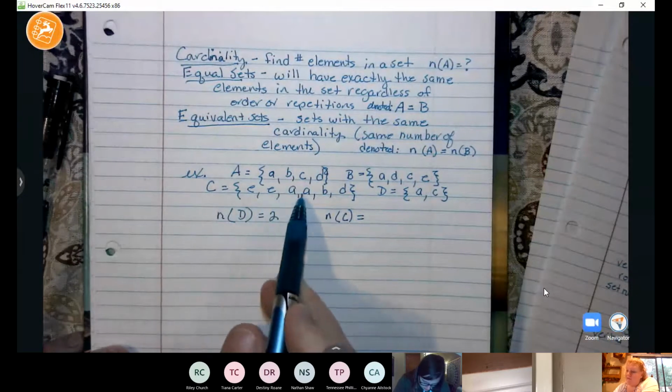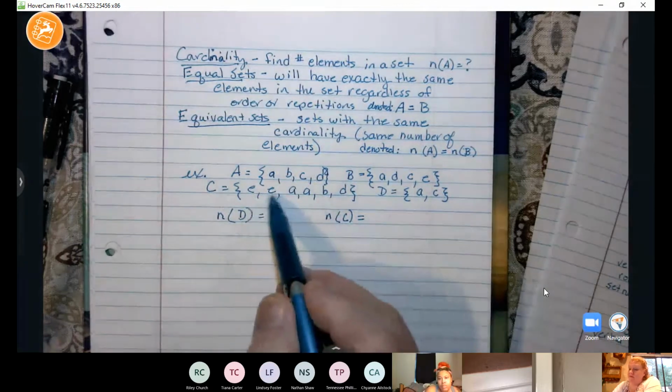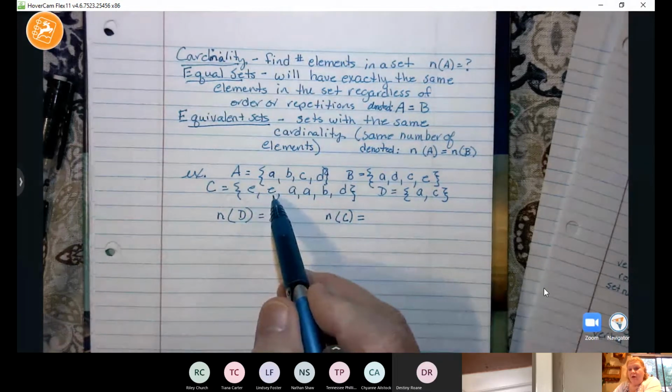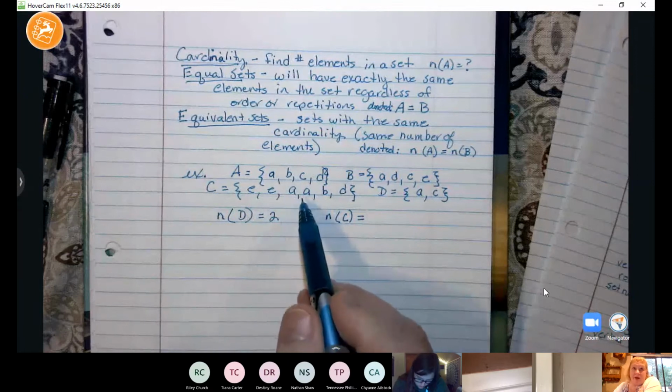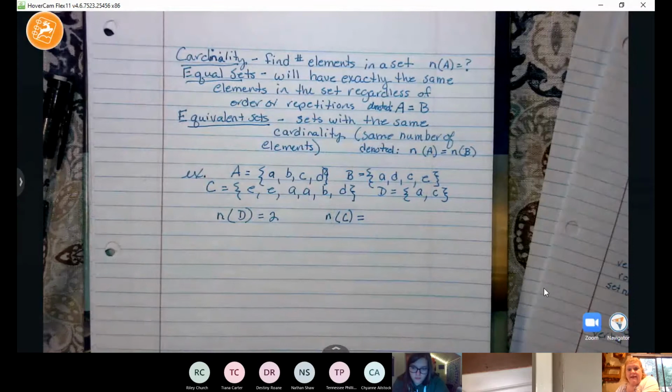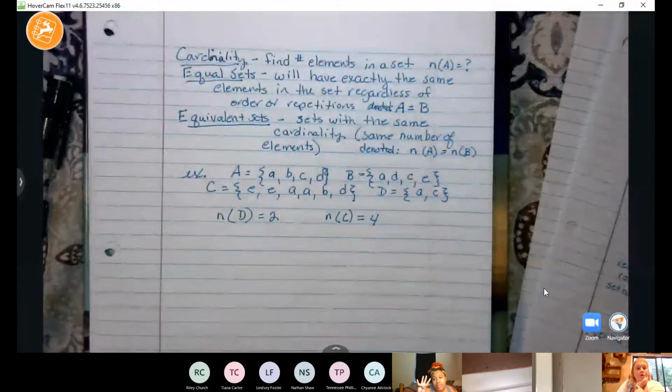Because it has some that repeat, I don't count the ones that repeat but once. So even though the E's repeat, I would only count it once. The A's repeat, but I would only count it once. So it has how many elements? 4 different elements.